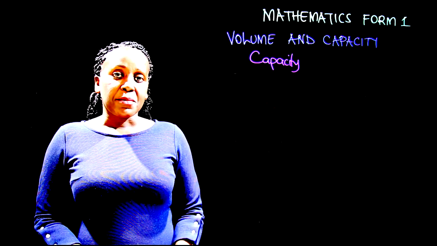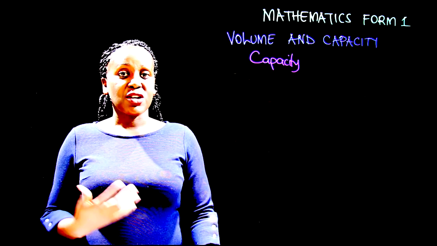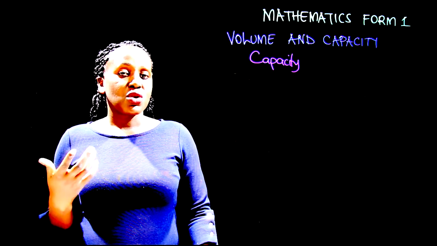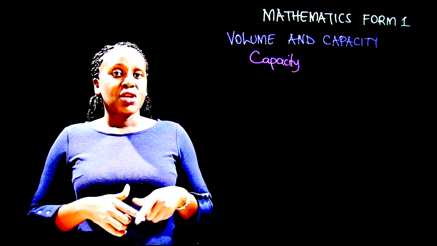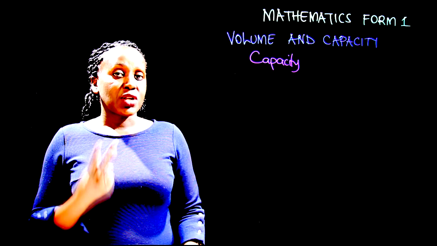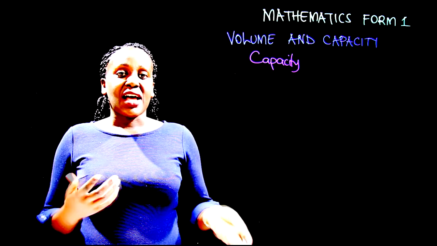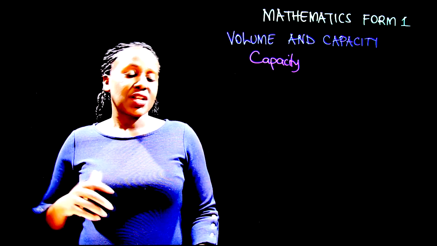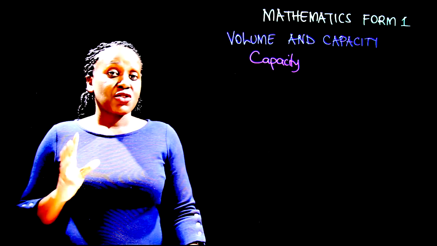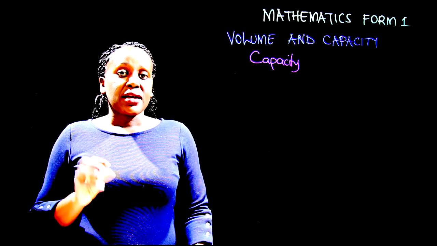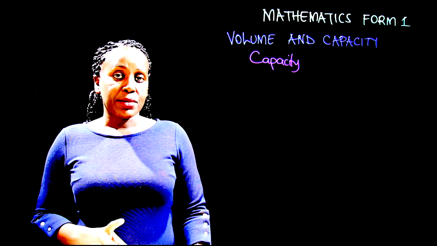Same case to a soda. If you want to buy a soda, sometimes you're sent to the supermarket and you're told, come with 2 liters of soda. So you pick the container, the bottle that can hold 2 liters of soda, or maybe 4 containers, each holding 500 milliliters of soda. So when we talk about capacity of a container, we mean the amount of liquid that that container can hold.